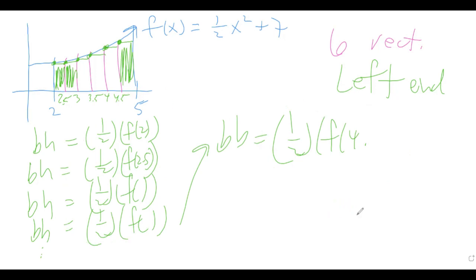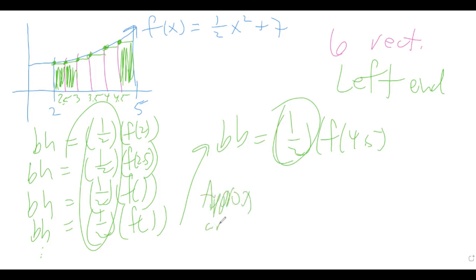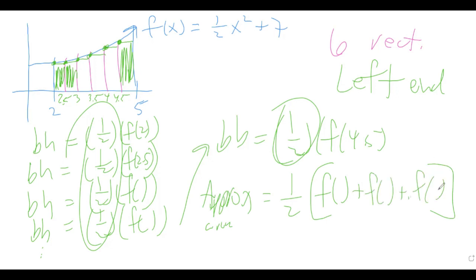However, all of these rectangles have the same 1/2 in common, so we can factor out the 1/2. The approximate area would be 1/2 times f of this plus f of this plus f of, you add up all the heights together.